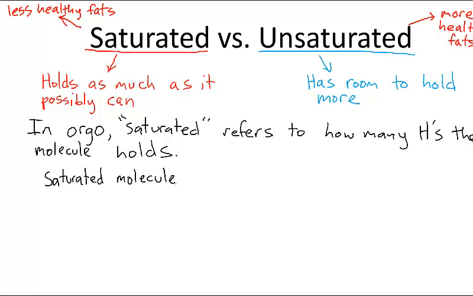For example, some saturated molecules would be C2H6. There's no way that two carbons can hold any more than six hydrogens.